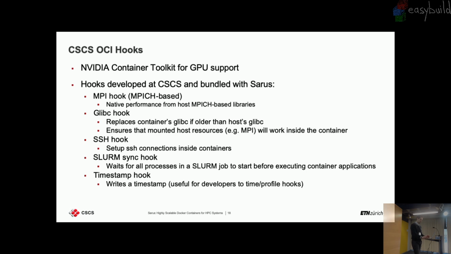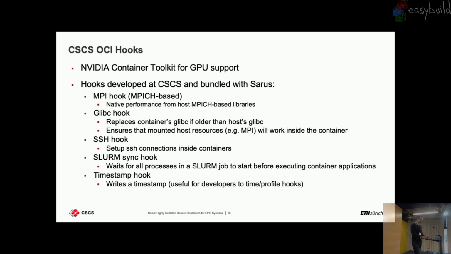The most important ones are the MPI hook, which is based on the MPICH library. So it ensures a native performance of your container application in the host MPICH-based environment. In particular on our system we have Cray MPICH, which is ABI compatible with MPICH 3.1.4.